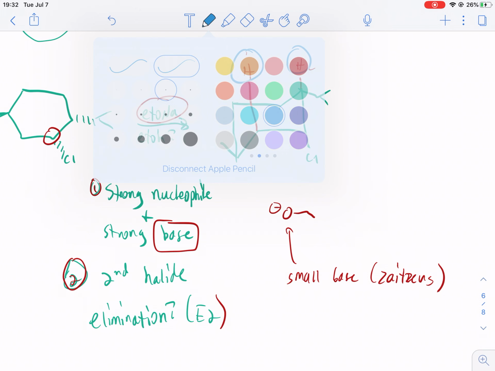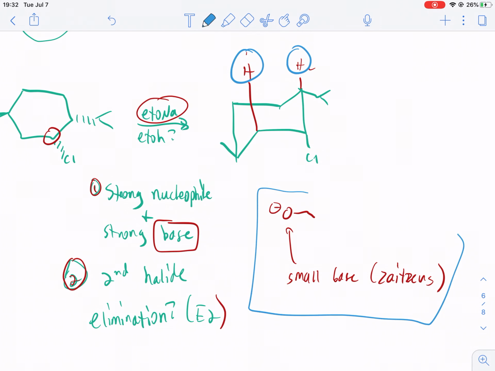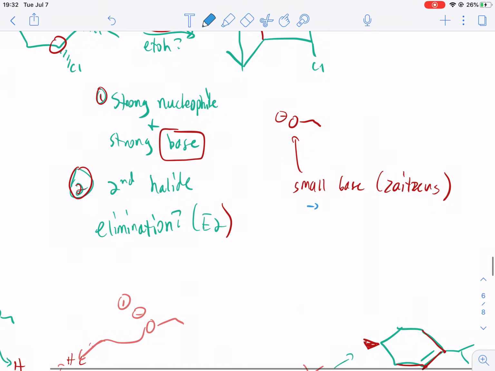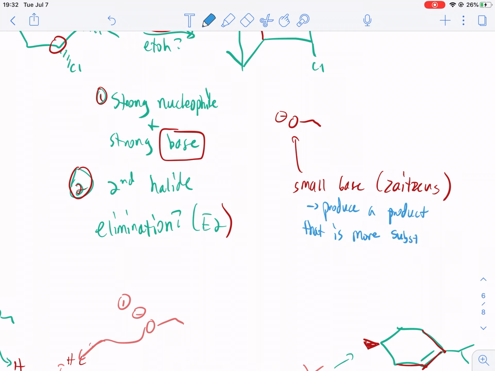And according to Zaitsev's rule, if you have a small base, you produce a product that is more substituted. If you have a large base, you produce a product that is less substituted. So they're kind of opposites. So like small base, more substituted, big base, less substituted.